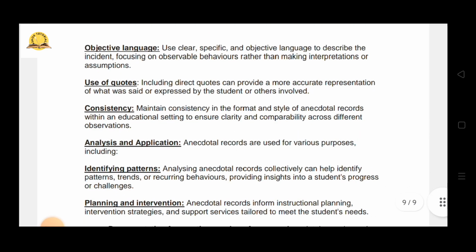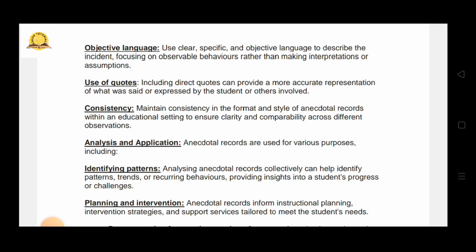Now let's see the objective language. Use clear, specific, and objective language to describe incidents, focusing on observable behaviors rather than making interpretations or assumptions. We have to write clearly, use easy words so that anybody can understand.